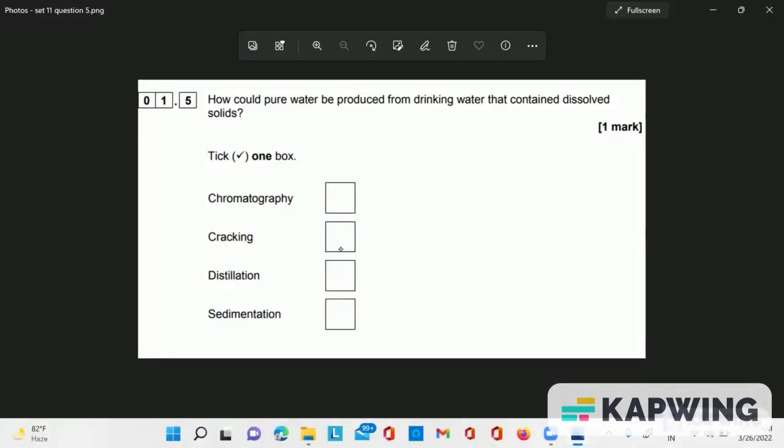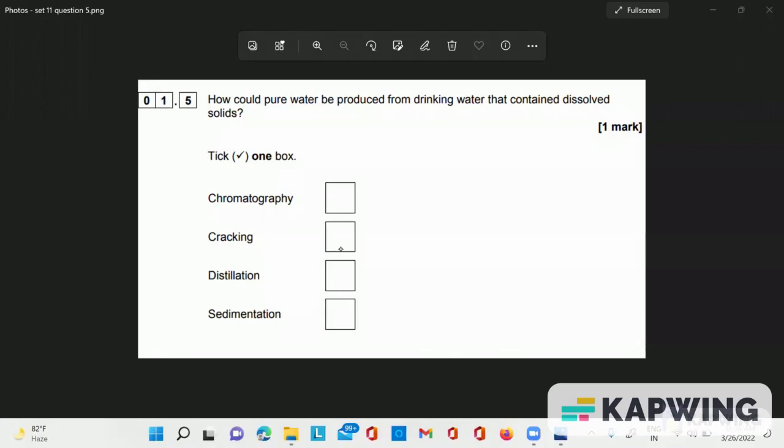Here they're asking us, how could pure water be produced from drinking water that contains dissolved solids? We have to take only one option. The options are chromatography, cracking, distillation, and sedimentation. They're asking about dissolved solids.